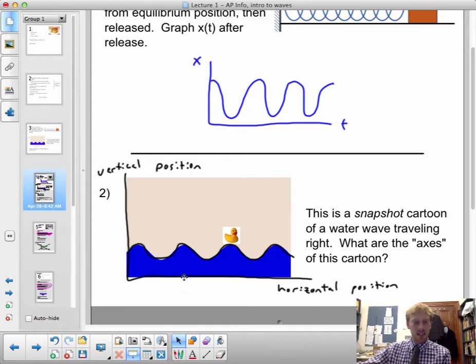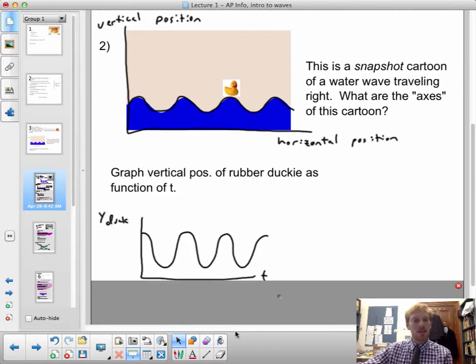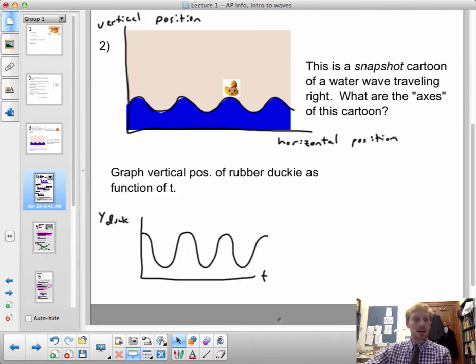What is the height of the wave at this horizontal position? Well, there it is. What's the height of the wave at this horizontal position? Well, there it is. This camera image is like vertical position as a function of horizontal position, with both axes having units of meters. That is to be contrasted with the duck's position as a function of time.